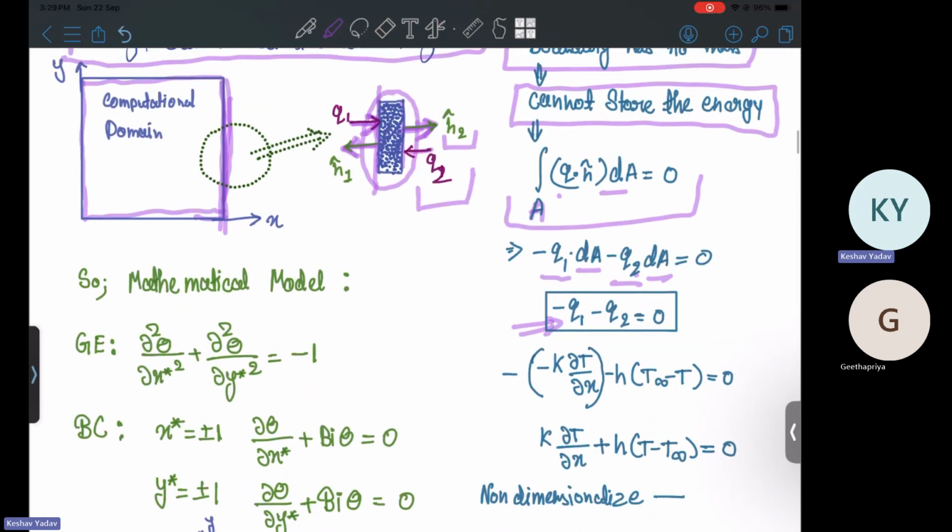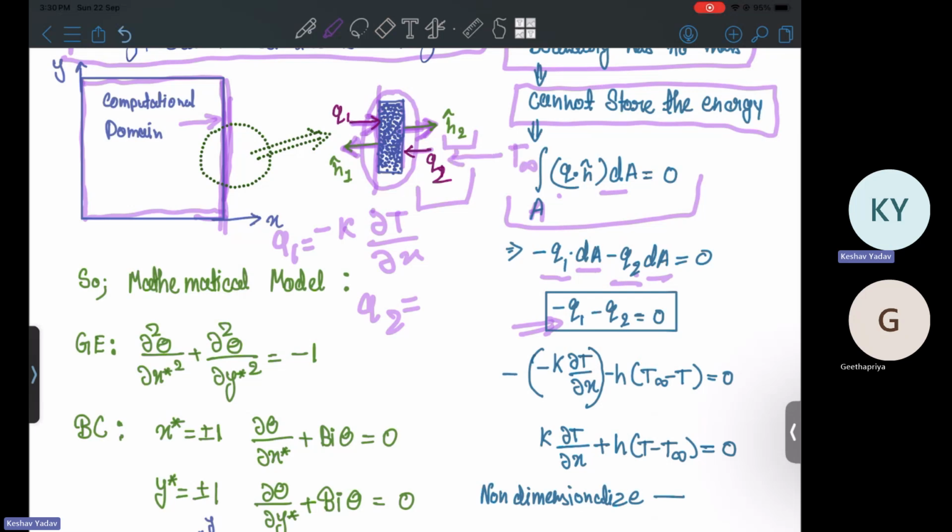So what is q1? q1 is from the interior surface, so it is coming from conduction. From the Fourier law of heat conduction, we can write q1 will be equal to minus k del T upon del x. q2 is convection, flowing from this direction to this direction.